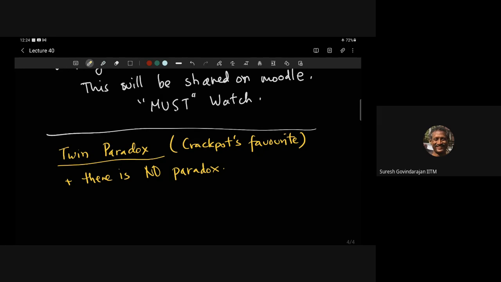So there is one person who is going to feel all the forces. Basically the paradox is not there because there is no symmetry in the problem. The symmetry which I pointed out is not there. Is this clear? Okay.